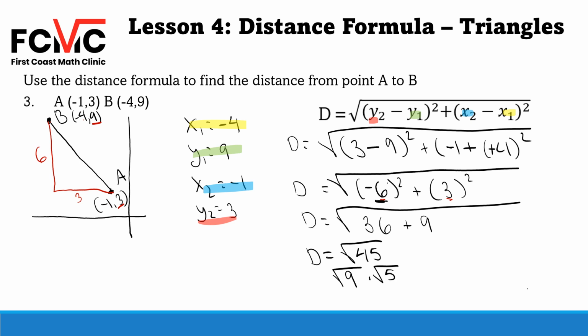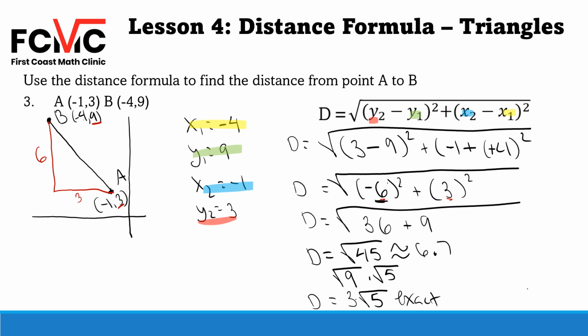Square root of 9, we're going to keep the positive 3 times square root of 5. We can't break up that 5 any further, so our distance is going to be 3 square roots of 5. So this is exact, approximate. If we plug this into our calculator, we're going to get 6.7.